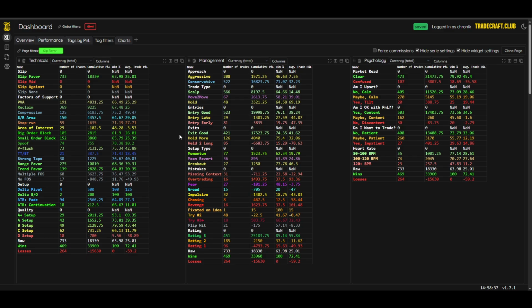We have pattern failure day except channels. My entry. Yeah, I'm going against a reclaim there, but it puts a lot of MAE on the back end. That's what I want to know. Let's take a look at that.